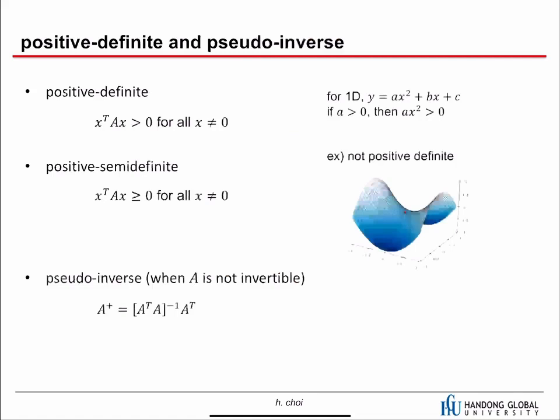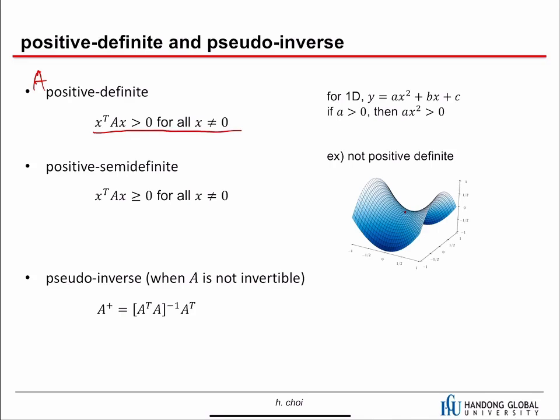And when we have a matrix, then we sometimes talk about the positive definite or pseudo inverse. Okay, what is a positive definite? A matrix A is positive definite when this is satisfied: X transpose A times X is always positive for all X which is non-zero.